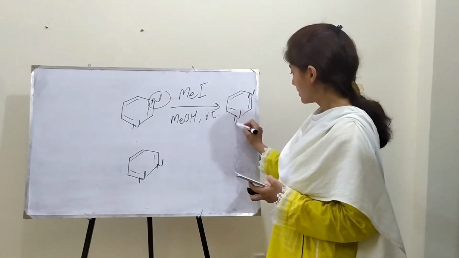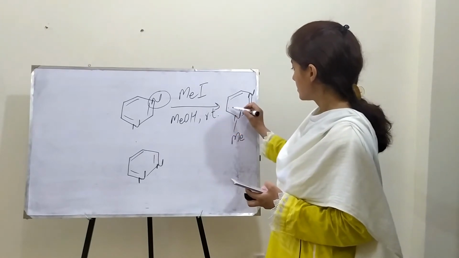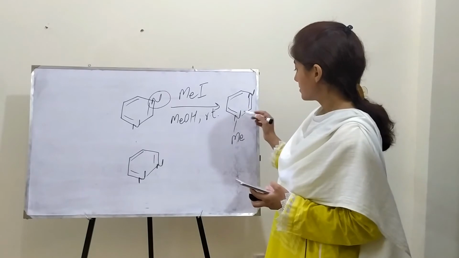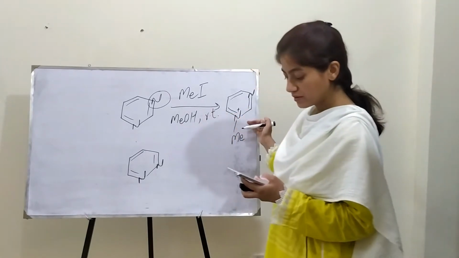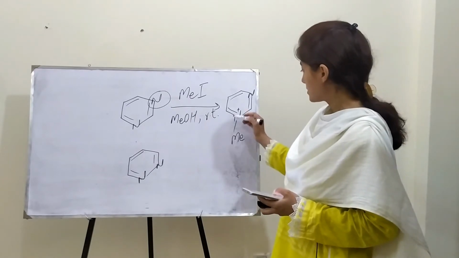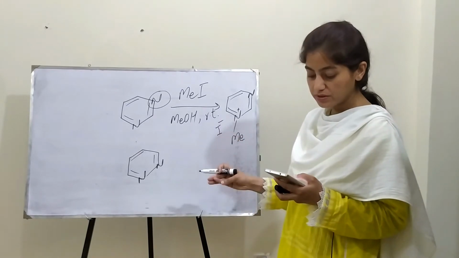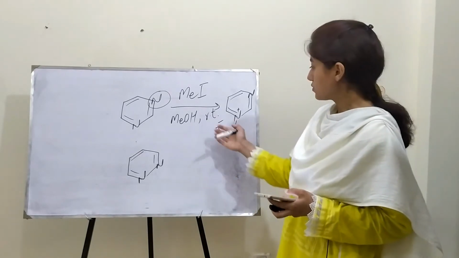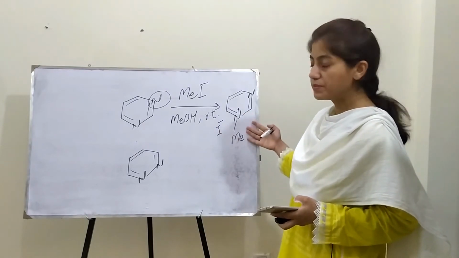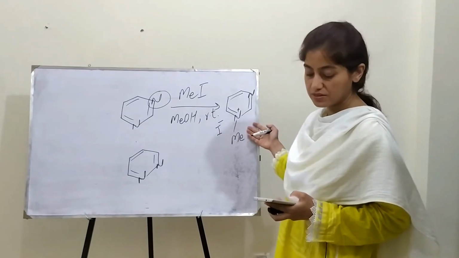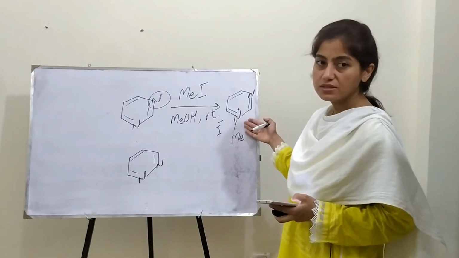Here it would form the methyl salt of the pyrimidinium ion, and to stabilize this cationic species, this iodide would be present over here. So under normal conditions, only monobasic character would be shown by this, or it would form a monoprotonated cation.